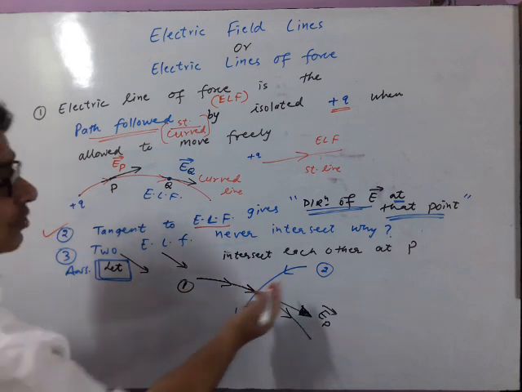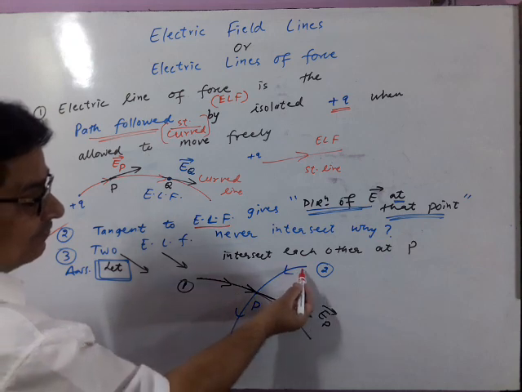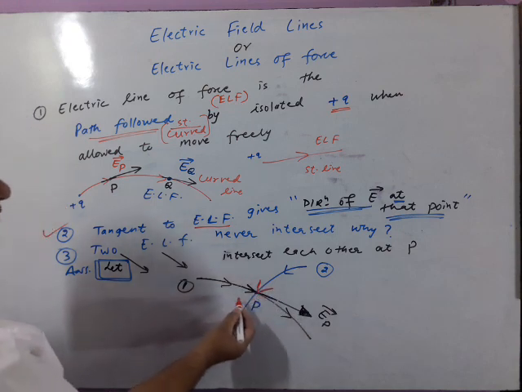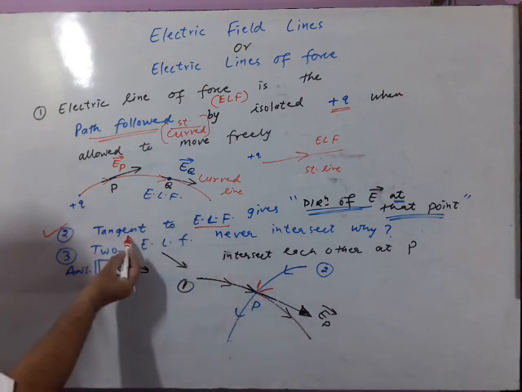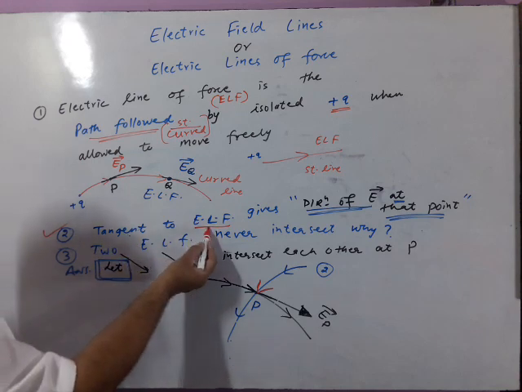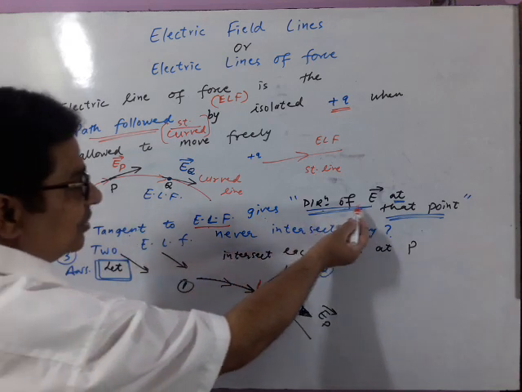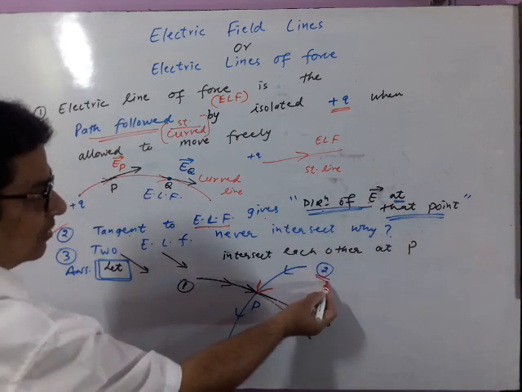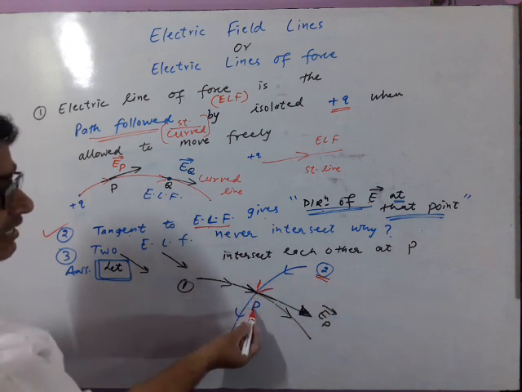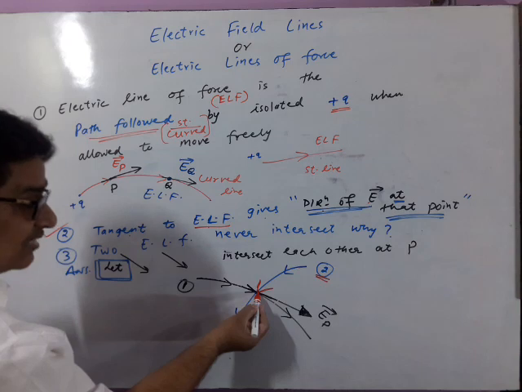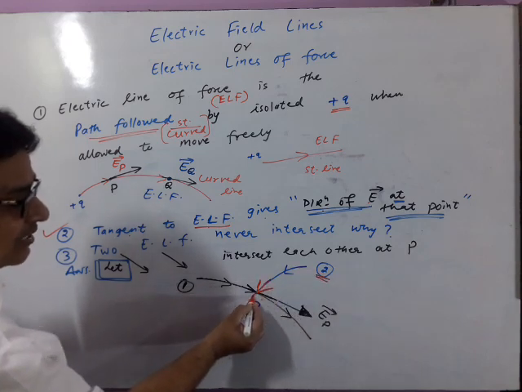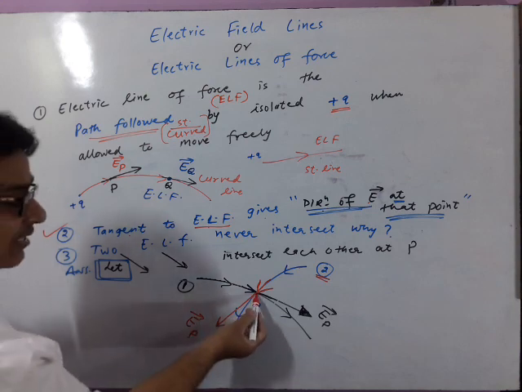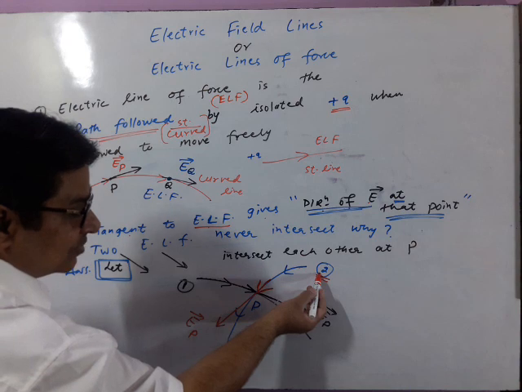Now focus on the second line. With respect to the second line of force, if we draw a tangent, remember this: the tangent to any electric line of force gives the direction of electric field at that point. With reference to the second electric line of force, we are finding the direction of electric field at P again by drawing a tangent at P. This is the tangent at P to the second electric line of force.